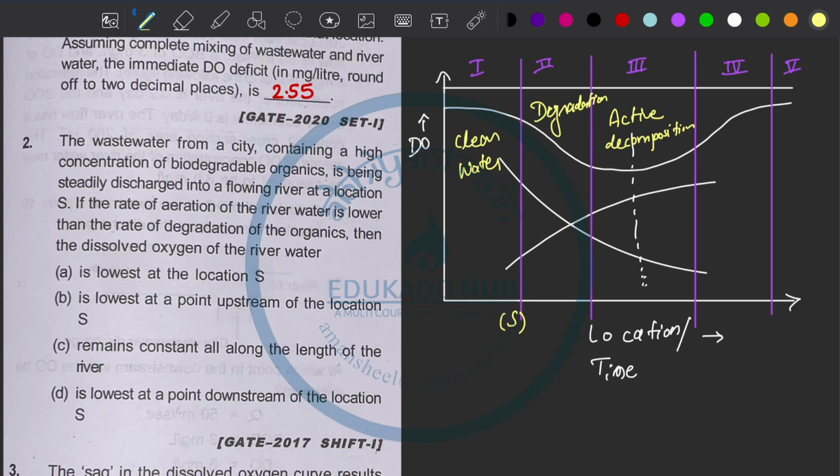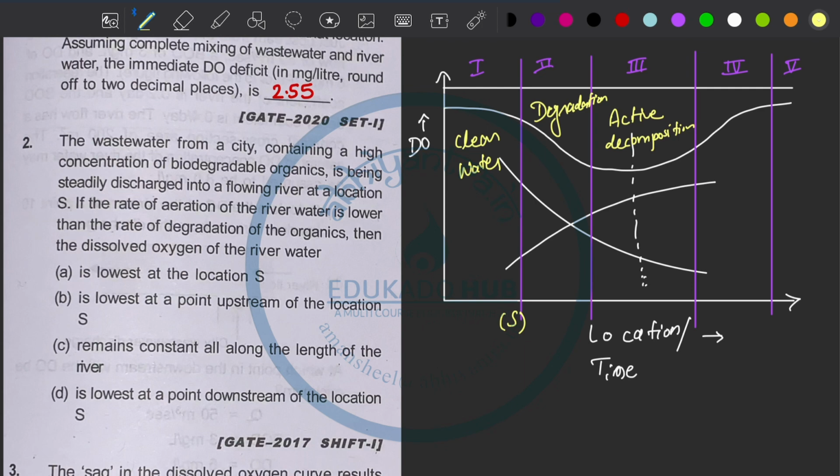The DO level falls to 0, I can say, and there will be a critical oxygen deficit at this place. And here neither fish nor algae will be present. So this is your zone of active decomposition.